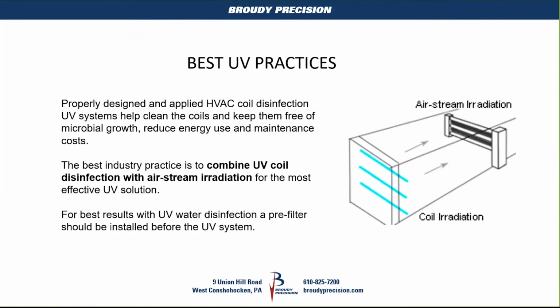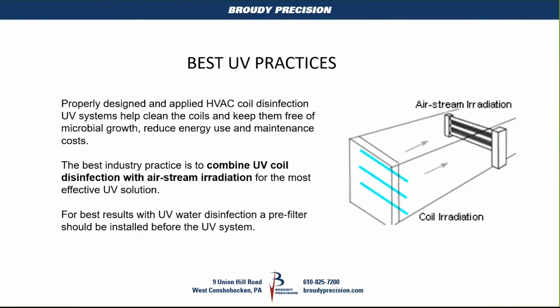Okay, now this is kind of what I was talking about with the properly designed and applied HVAC coil disinfection. The UV system is put on the leading side of the coil, and the coil is represented here by this box. The UV light on the leading side of the coil, the airflow passes through it, and then you have airstream irradiation upstream of the coil.